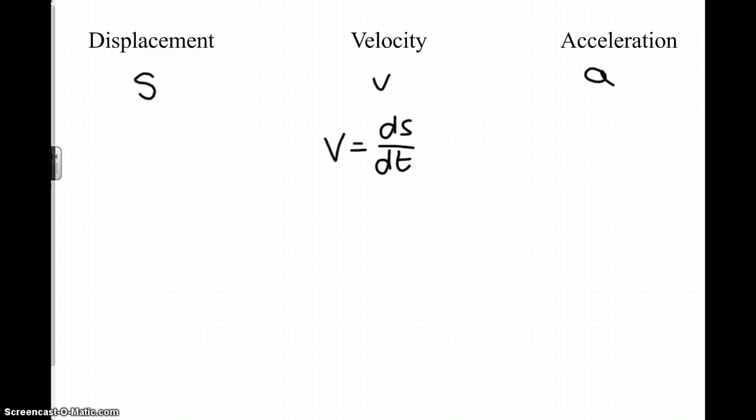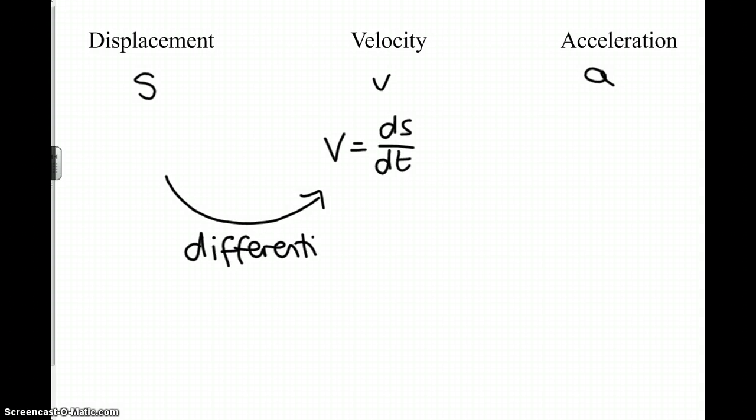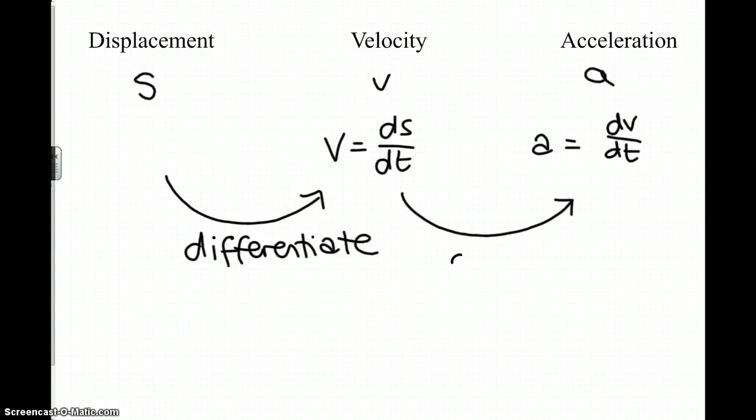So to get from the displacement to the velocity, we differentiate. And I also know that the acceleration is dv by dt. So to get from the velocity to the acceleration, I differentiate as well.